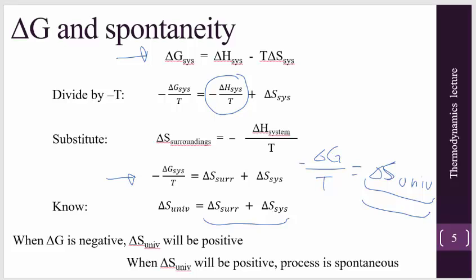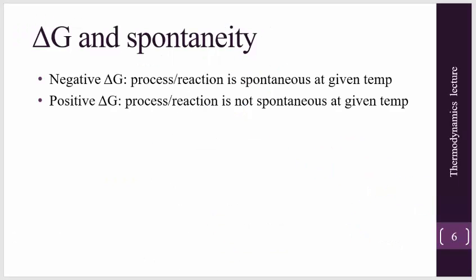So therefore, delta G, and specifically the sign of delta G, is linked to spontaneity. And then to spell this out very clearly, if we have a negative delta G, that reaction or that process is spontaneous at that particular given temperature. If we have a positive delta G, it is not spontaneous at that particular temperature.